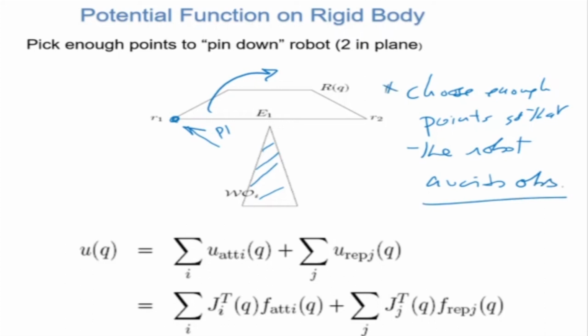Again, choosing the points is up to you. I can choose this point and this point. This may not be enough because this might hit. The force is acting there, force is acting here, but it can hit this point. So it might be a good idea to choose many points here and see what are the forces acting on all of them. Convert them by this equation, sum them up, and then see what is the force acting on the robot and move it accordingly in C space.